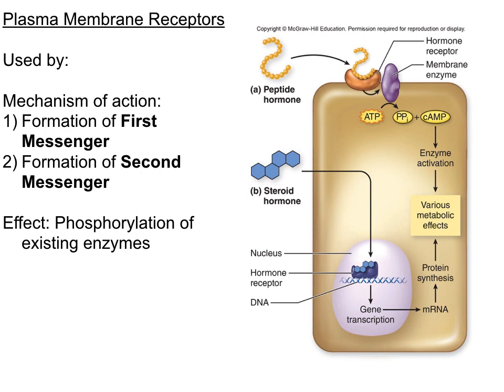Now, once you have cyclic AMP and DAG, they initiate a series of chemical reactions that leads to the phosphorylation of existing enzymes. Now, what that means is you're going to add a phosphate group to an enzyme you already have. And this phosphorylation could turn an enzyme on, or it could turn an enzyme off. Turning an enzyme on or off is going to alter the function of your cell, which is the point of hormonal signaling.